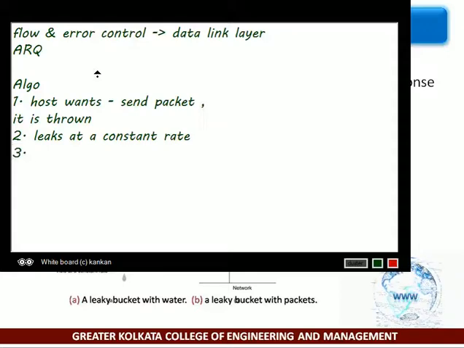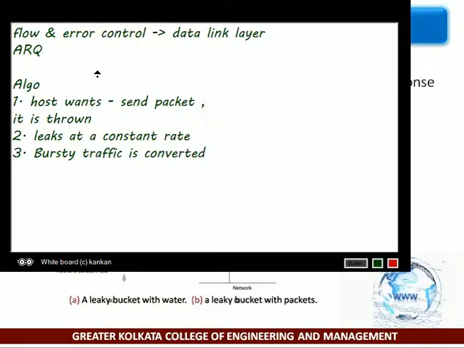Step 3, bursty traffic is converted to uniform traffic by the leaky bucket.